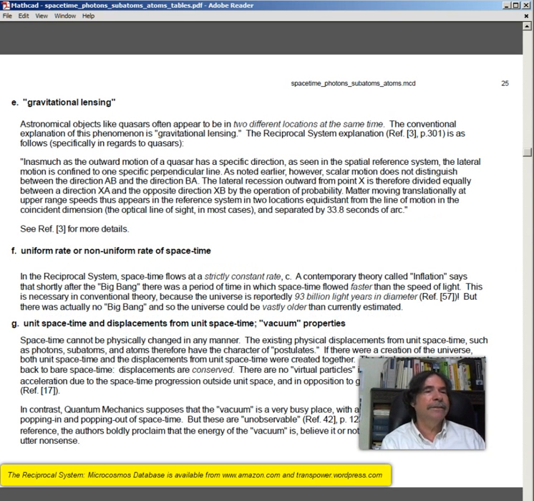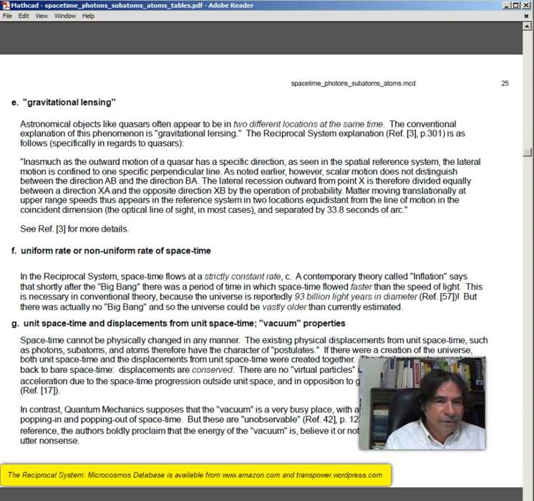E. Gravitational lensing. Astronomical objects like quasars often appear to be in two different locations at the same time. The conventional explanation of this phenomenon is, quote, gravitational lensing. The reciprocal system explanation, which is given in reference 2, page 301, is as follows, specifically in regards to quasars.